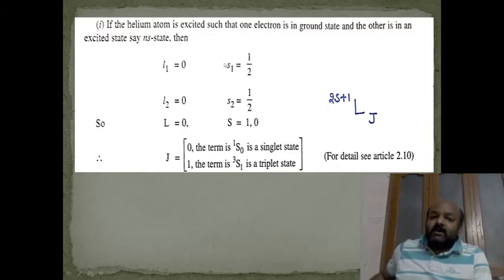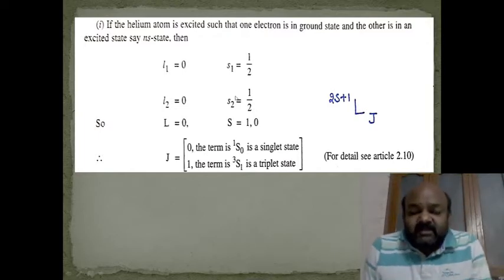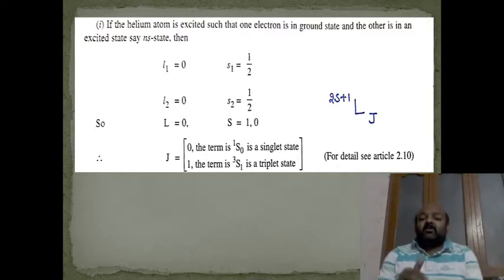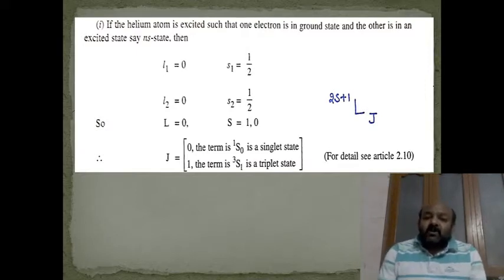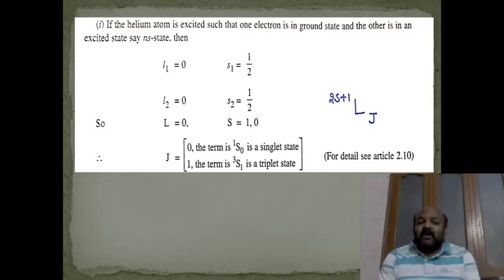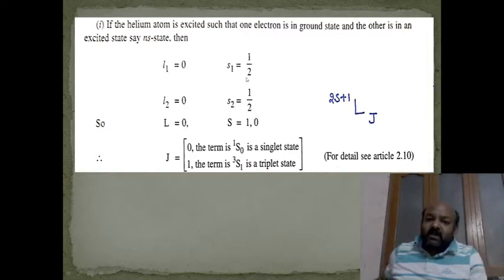But there will be a change in the value of S2. Why is there a change in the value of S2? Because when we excite the second electron to a higher energy state, it can again be a spin up electron. So in the lower S orbital, the electron is spin up, and in the upper, again it is spin up. So both have S value plus half.